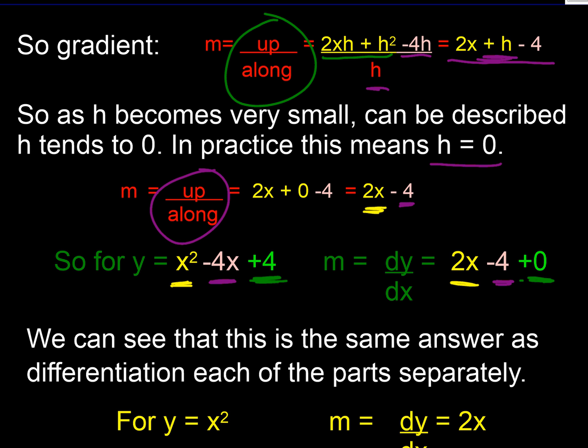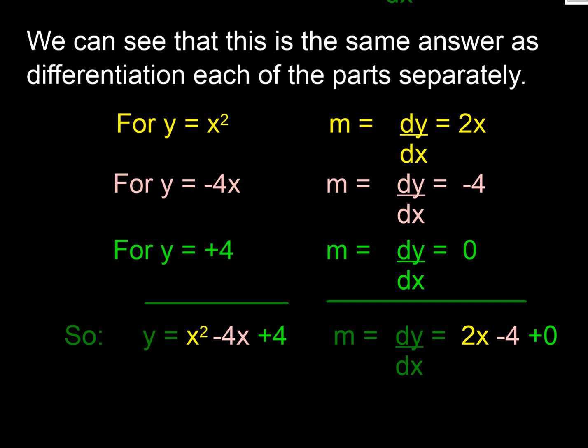So we can see that we could have done this as separate parts, and let's just convince ourselves of that. If we take the part which is y equals x squared, there we go, we would get that gradient part there, the 2x from the differential. If we had y equals minus 4x, we'd get the minus 4 part.